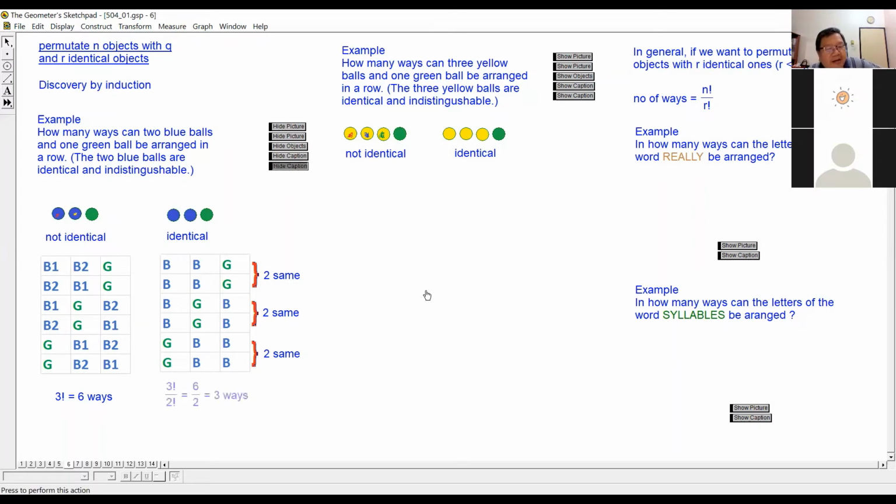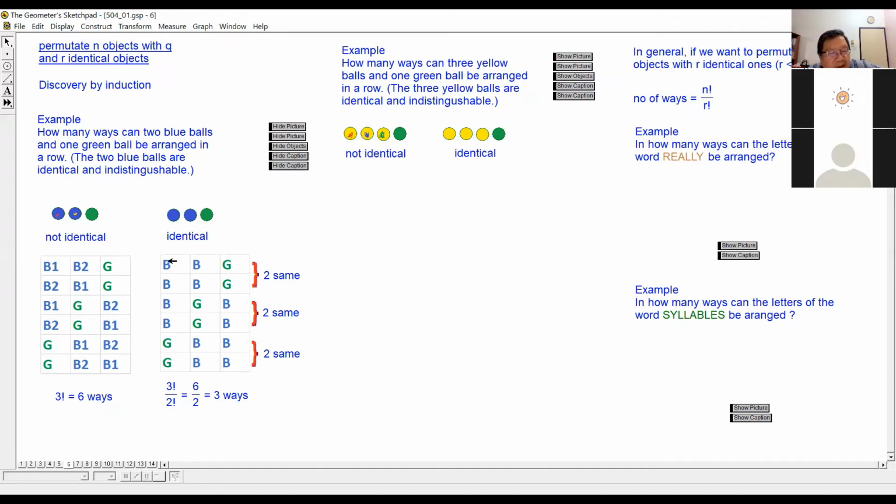So the trick is like that. Our three objects are supposed to be 3 factorial. Because two of them are identical, I divide by 2 factorial. So when I divide by 2 factorial, I have 6 divided by 2, which is 3 ways.